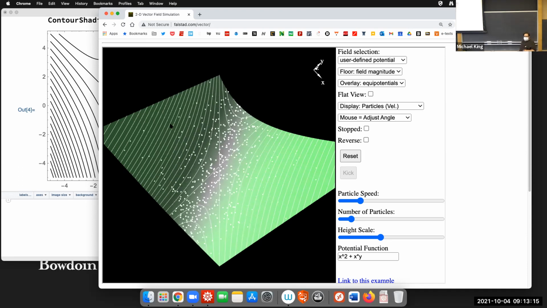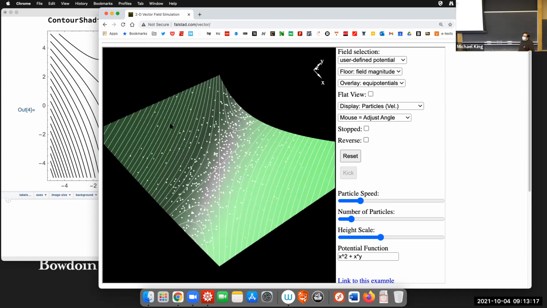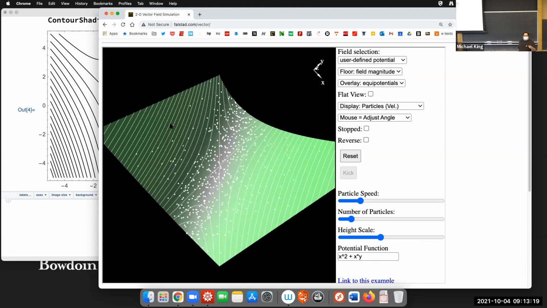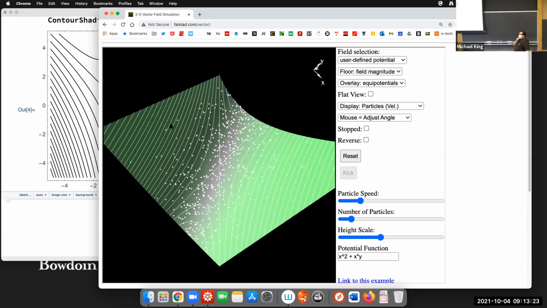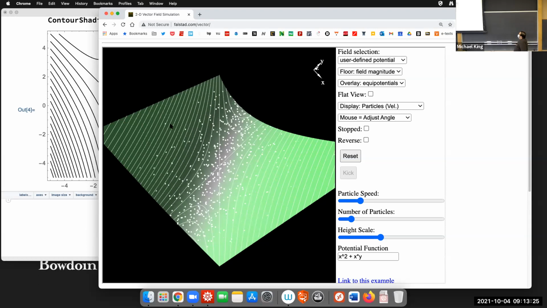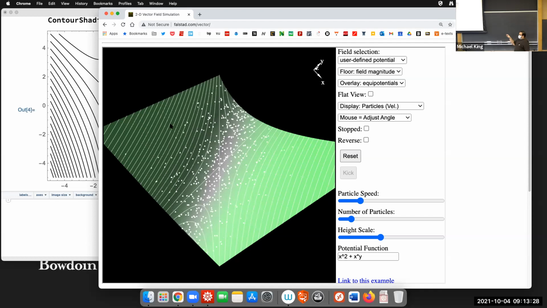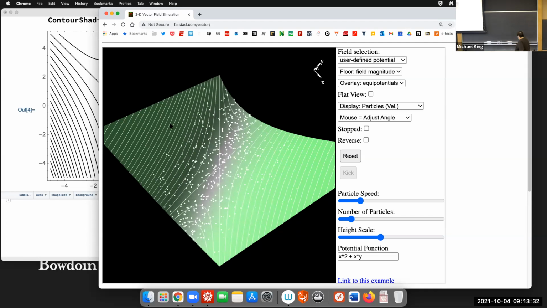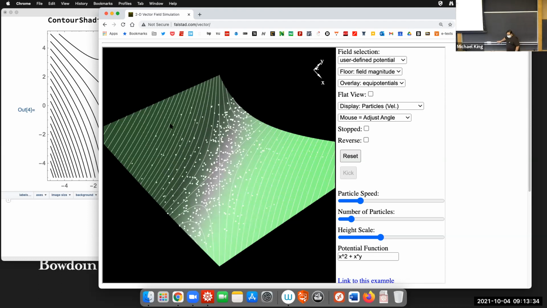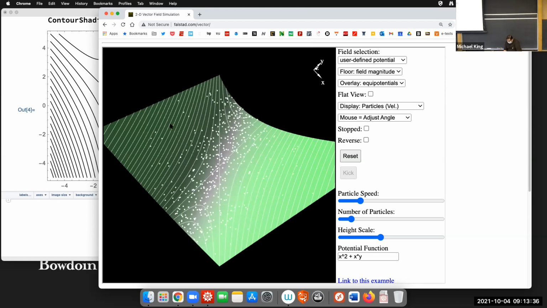Remember, the gradient is the direction of fastest increase, so you can picture the direction of fastest decrease by dropping marbles on a surface or flowing water down it. I'm going to write a bunch of this down. I just wanted to show you this picture, and I'll show you some of these pictures as we go in class.